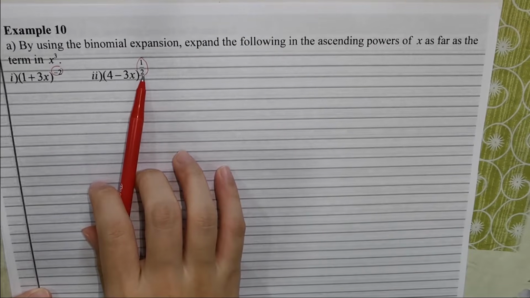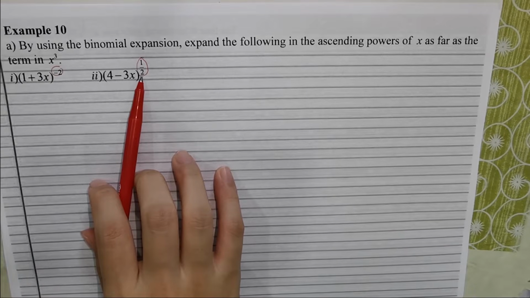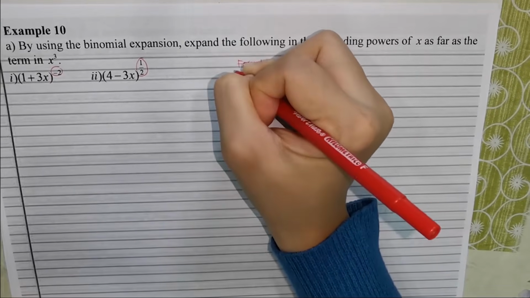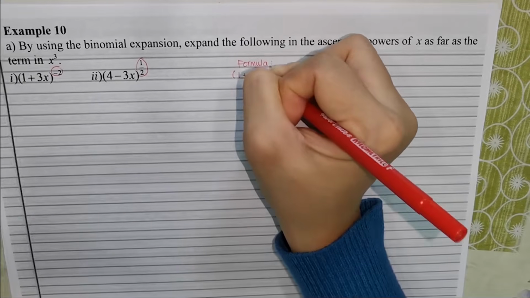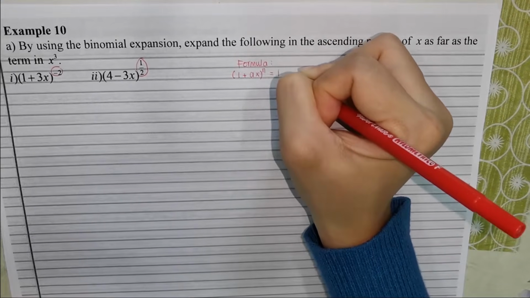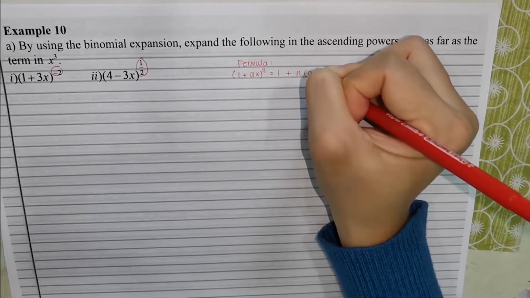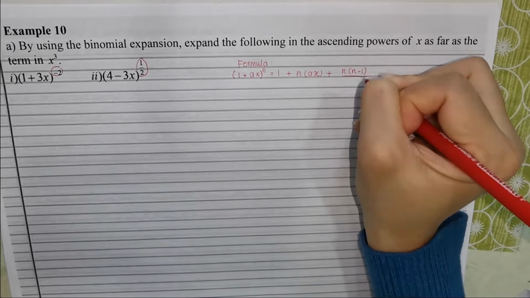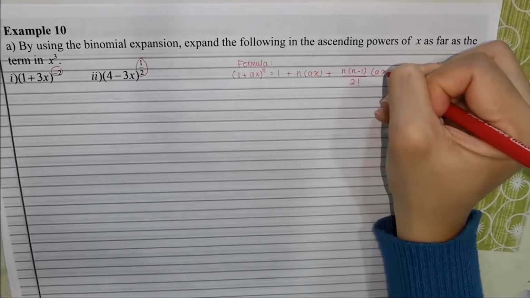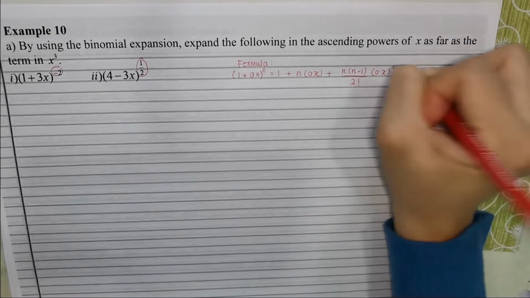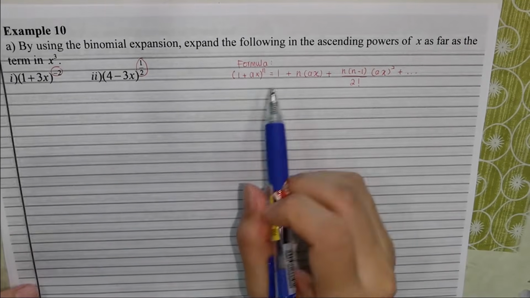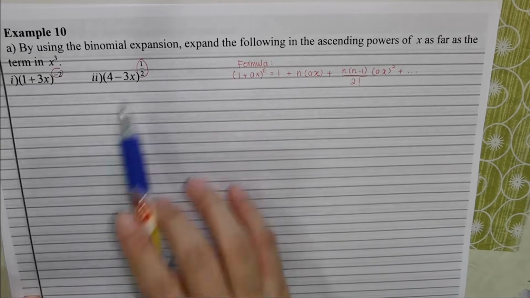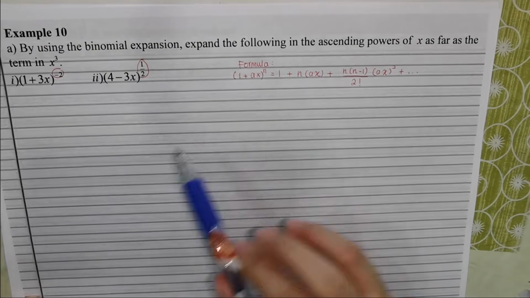These two exponents are non-positive powers, so we have to apply this formula: (1 + ax)^n = 1 + n(ax) + n(n - 1)/2! (ax)^2 + ... Now, we consider -2 and 1/2 as non-positive integer powers.